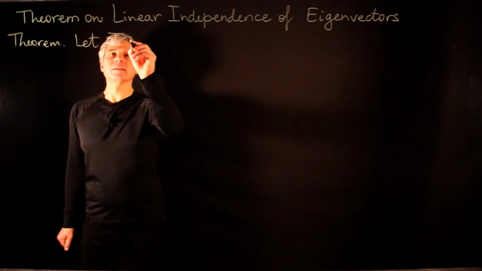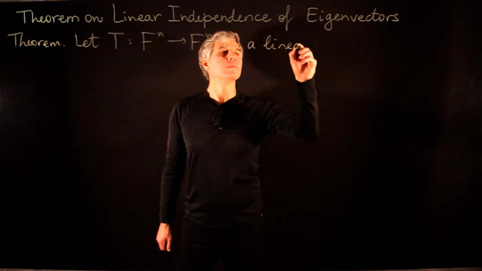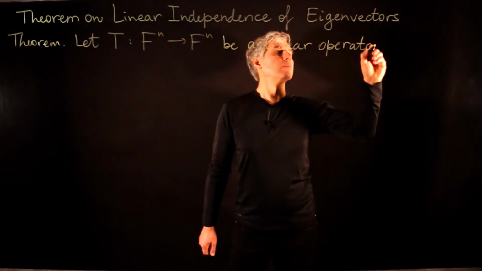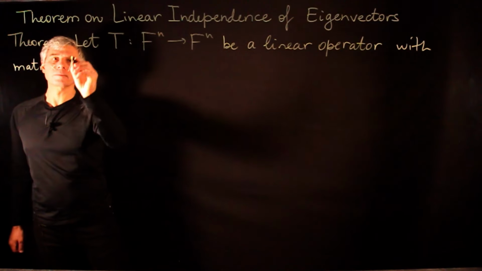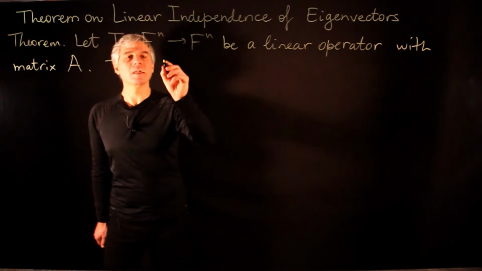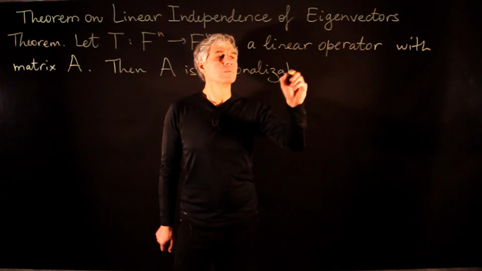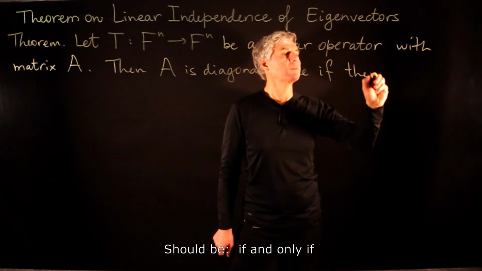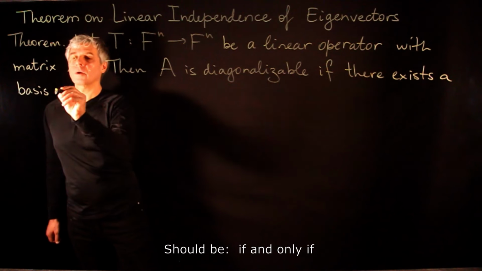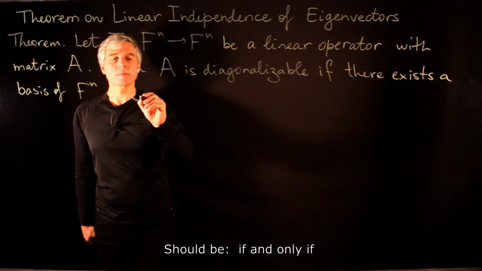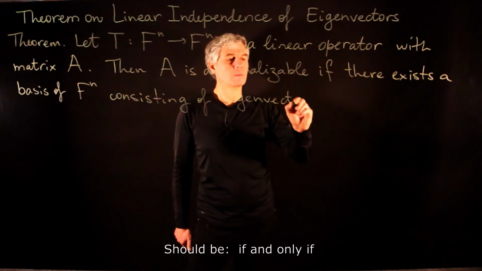Let T from Fn to Fn be a linear operator with matrix A. Then A is diagonalizable if and only if there exists a basis of Fn consisting of eigenvectors of T.